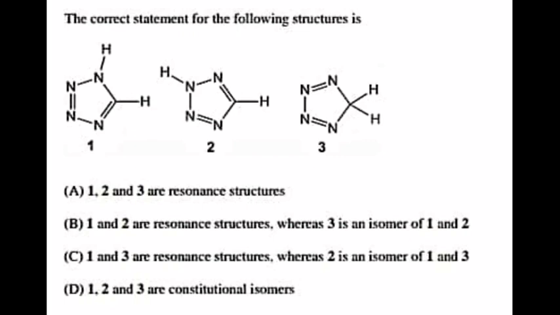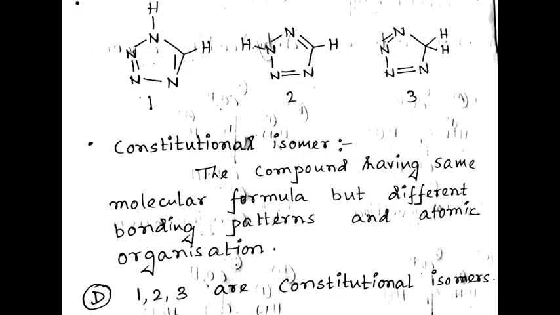Here they asked what is the relation between the below 3 molecules. This molecule is a triazine type of molecule. Are they resonance structures or constitutional isomers? Okay, so let's move into the corresponding answer. If we think about compound 1, compound 2 and compound 3, they are constitutional isomers, not resonance structures, because according to the definition of constitutional isomers, the compounds have the same molecular mass but different bonding patterns and atomic organization.